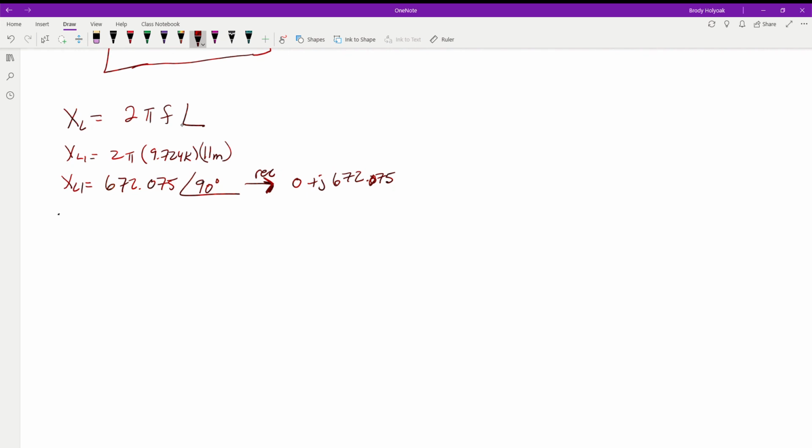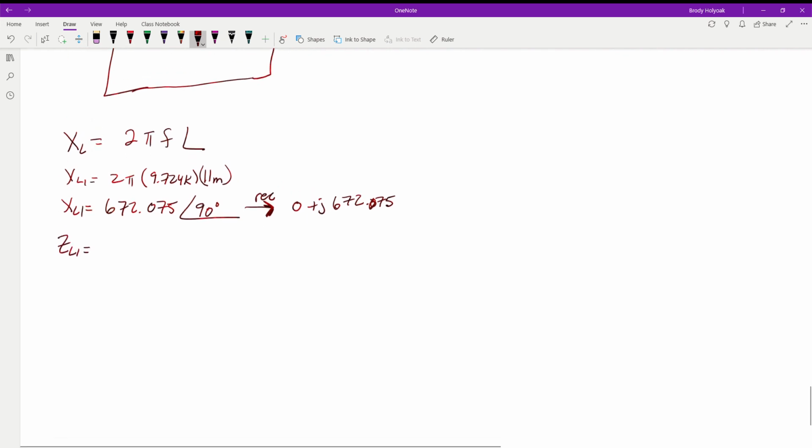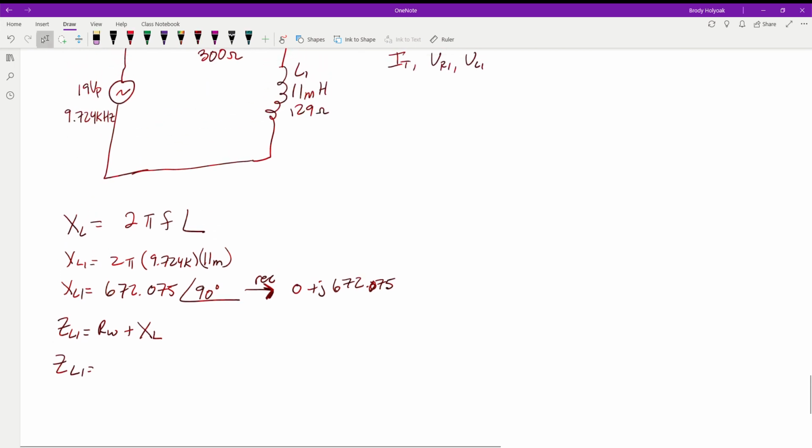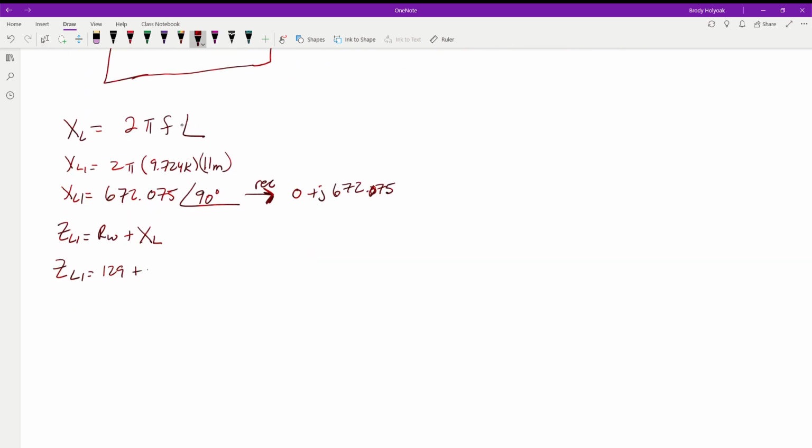So now we find the impedance of our inductor. Remember, we have the winding resistance plus our inductive reactance. So impedance total is our winding resistance, 129 plus J of 0, plus the X of L value we just calculated, 0 plus J of 672.075.